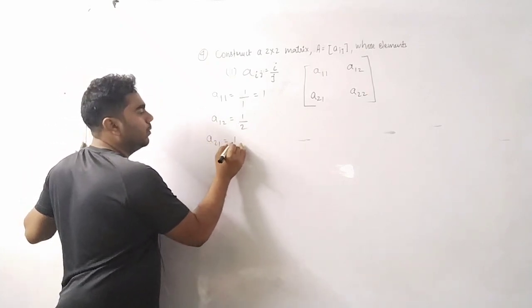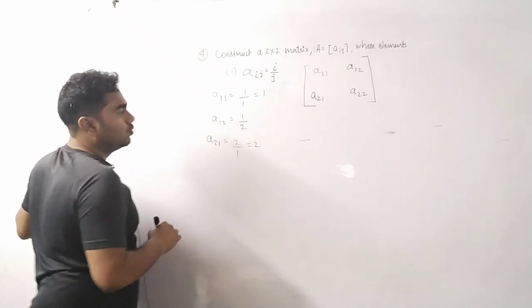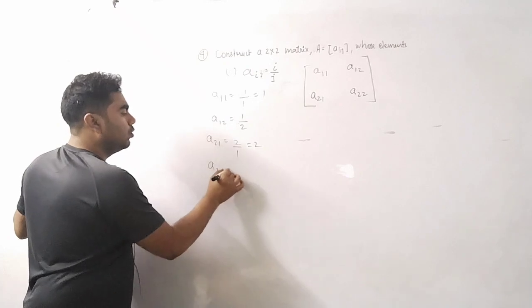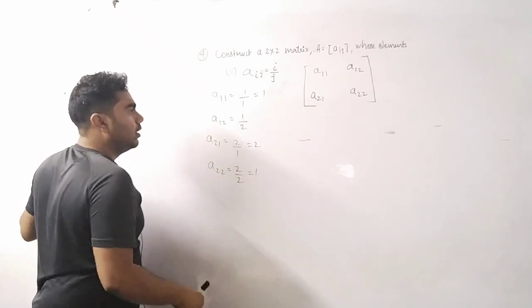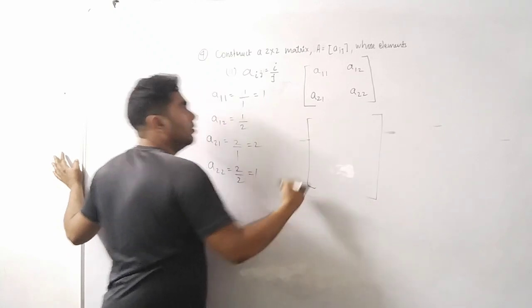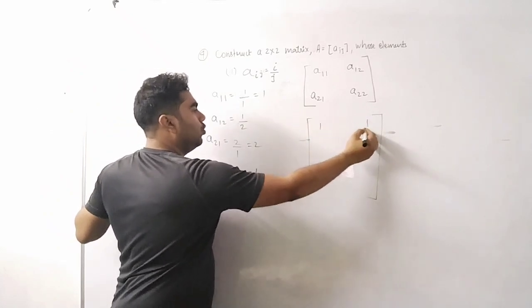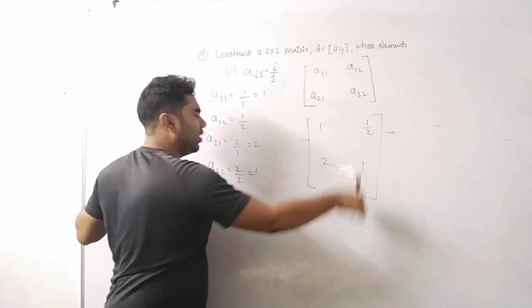A21: 2 upon 1 gives 2. A22: 2 upon 2, 1. We get the matrix 1, 1 upon 2, 2, 1.